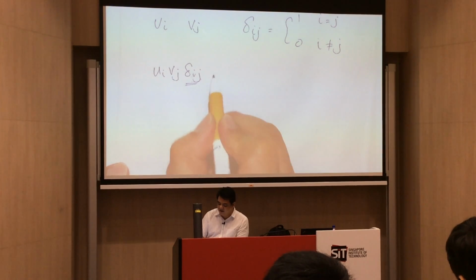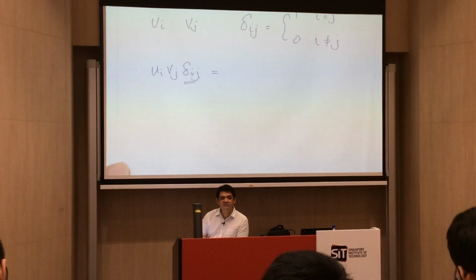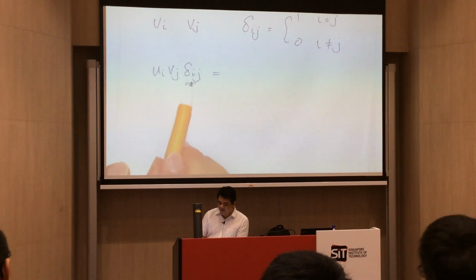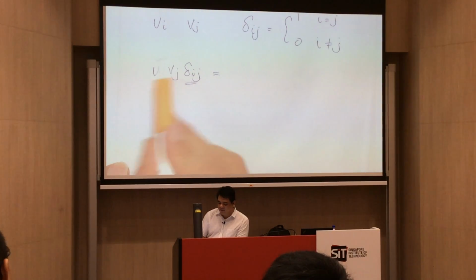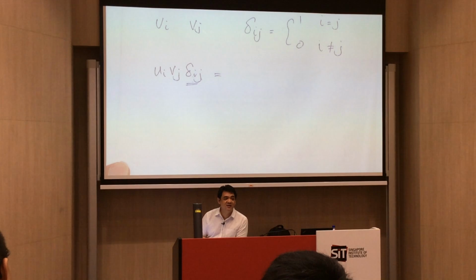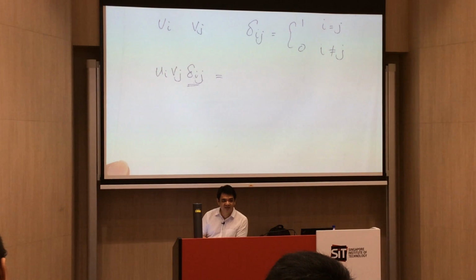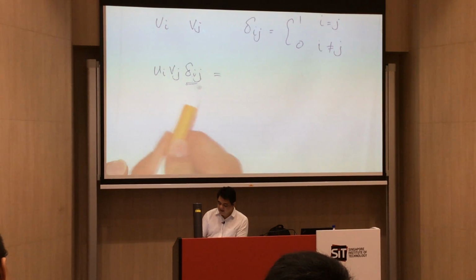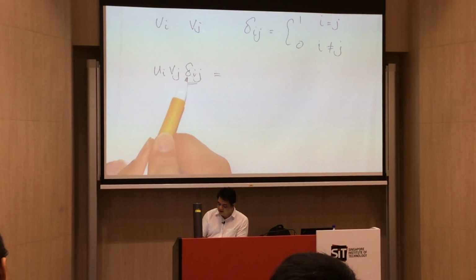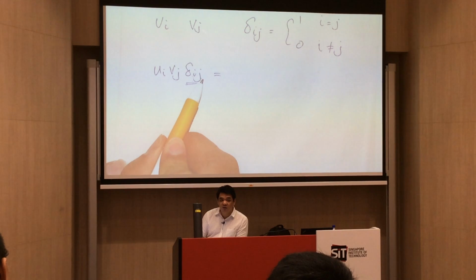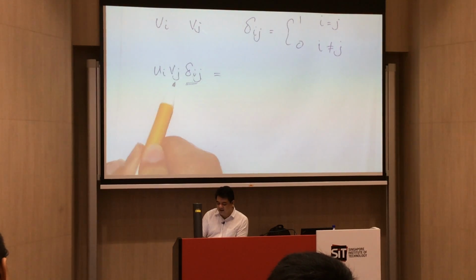So how do we have a product here? If i is not equal to j, this one becomes 0. If i is equal to j, this one becomes 1, so there will be a value. So what will happen is that since delta ij is equal to 1 if i is equal to j, then simply this j changes to i.